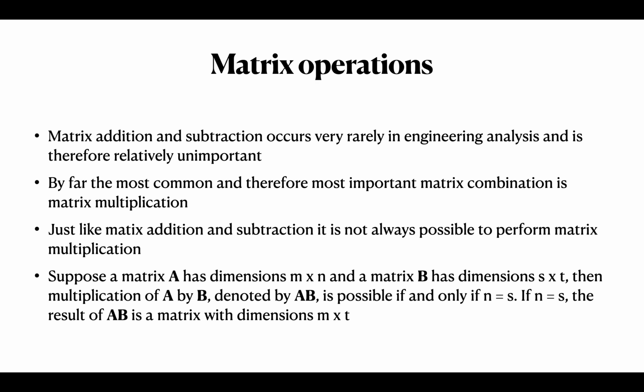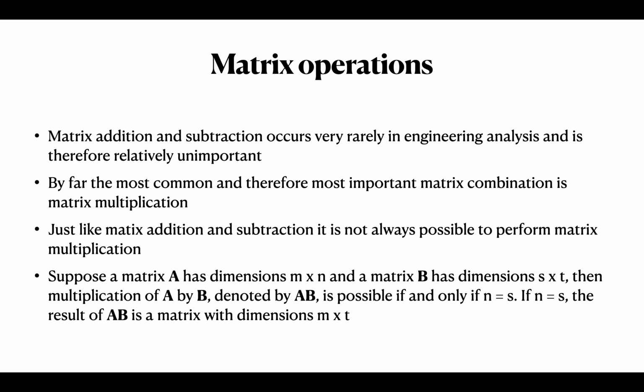Again, guys, when I did this years ago, I had trouble with this, but it's true. You can only do multiplication if the second number of A is the same as the first number of B. If it is, then when you multiply A by B, you get a matrix whose dimensions are the two numbers that are left.